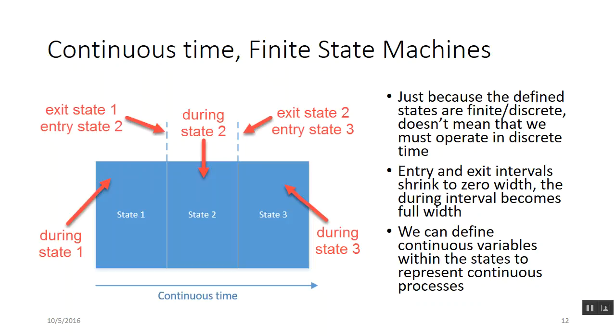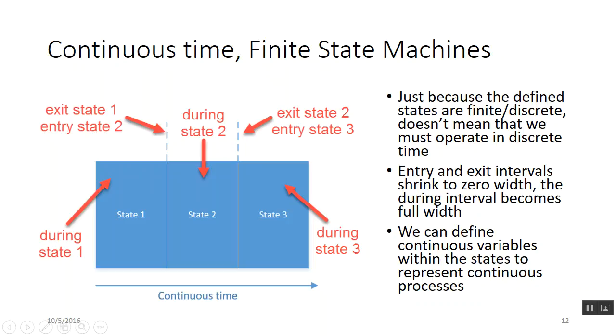It's almost like in calculus, where we take an infinite number of intervals and they all shrink to basically 0. That idea is the same here, where this is now the exit of state 1 and the entry of state 2. That's no longer an interval, it's a point in time. And the during spans the whole part now.